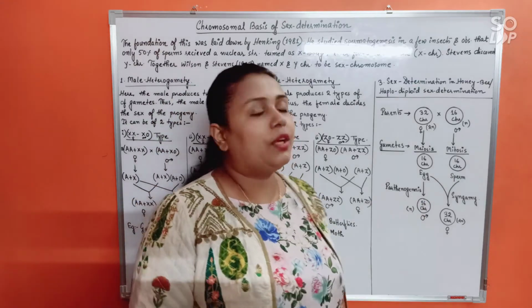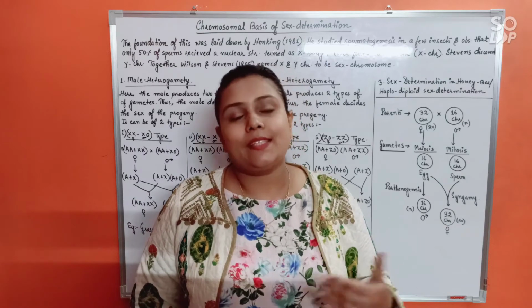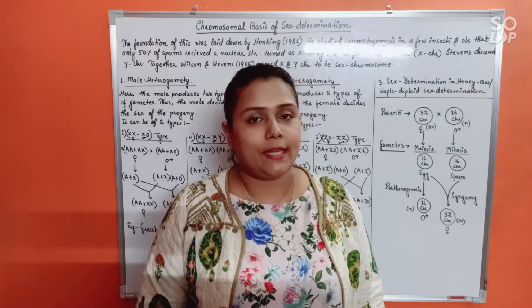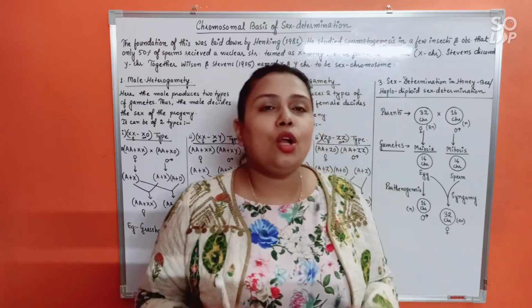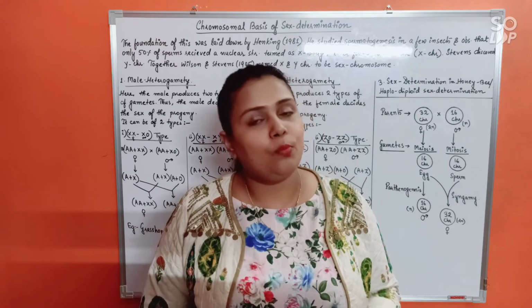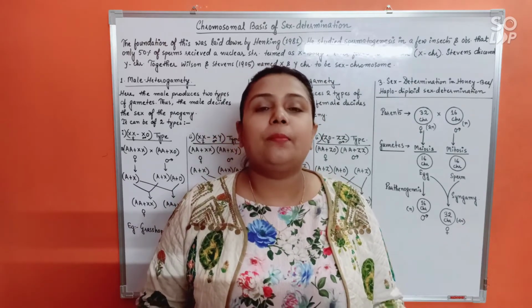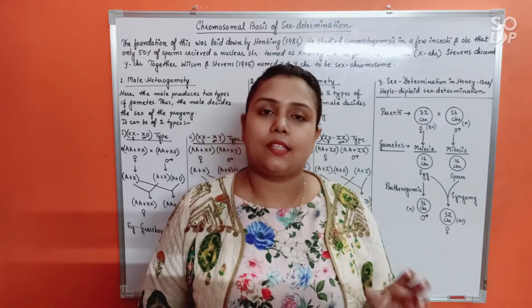Now let's move on to another very interesting type of sex determination, which is the sex determination in honeybees, also known as haplodiploid sex determination. See, in honeybees, it's not the presence of a particular chromosome that decides the sex of a progeny. Rather, it's the ploidy of the organism or the progeny that decides its sex.